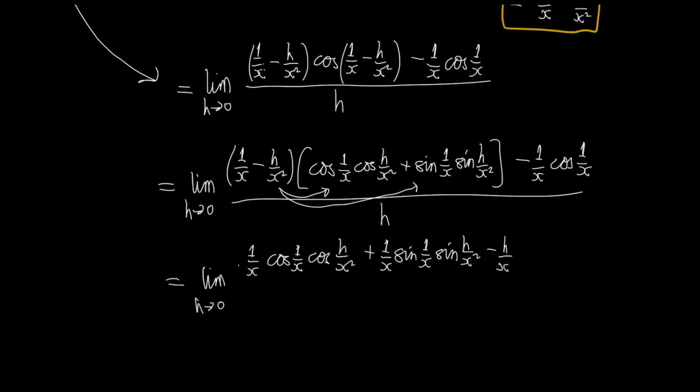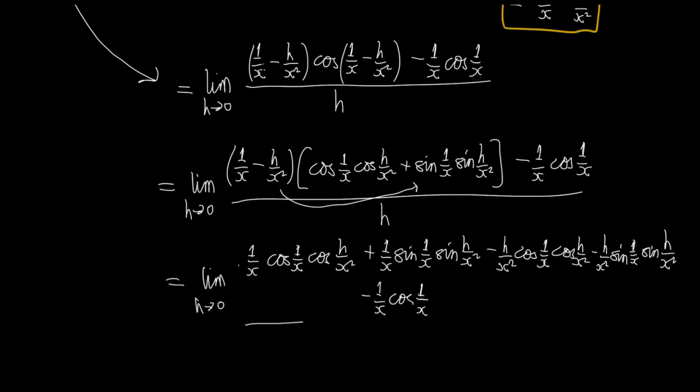Then we have minus h over x squared cos 1 over x cos h over x squared. I'll see if I can fit this all in one line. And then the last term is h over x squared sine 1 over x sine h over x squared. And of course I can't fit it all in one line because I have this term on the end. But there we go. So that's the whole thing. And then obviously this is all being divided by h.